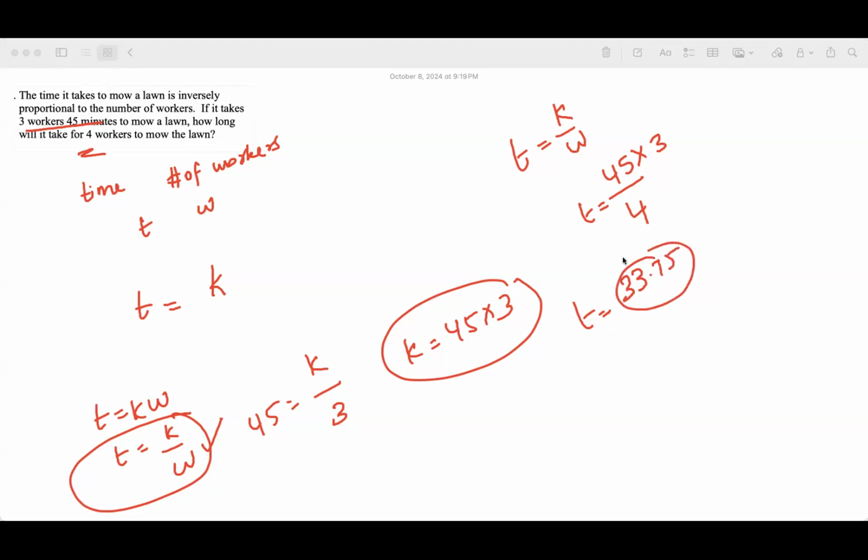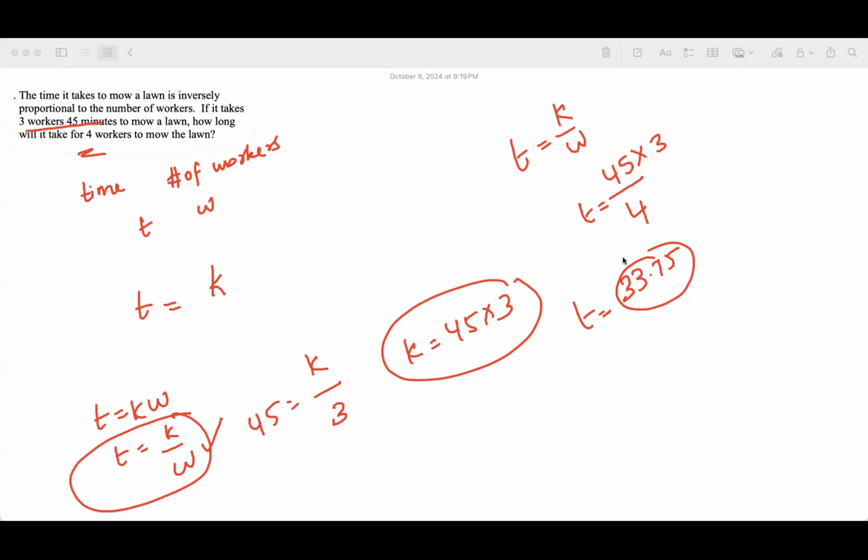Ahana, can I help, ma? What I did was 3 equals 45 over K, which then I got 15. No, 3 is not equal to 45 over K. 45 and 3 should be in the numerator and denominator.